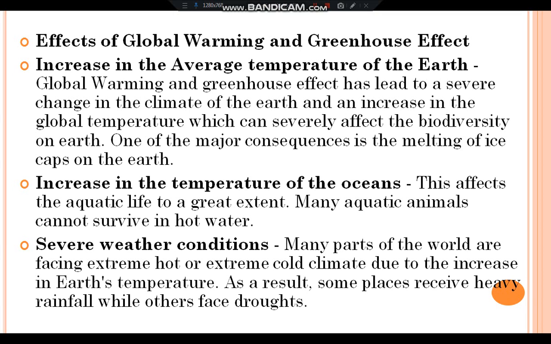One of the major consequences is the melting of ice caps, which results in the increase of sea level. The second effect is an increase in the temperature of oceans.